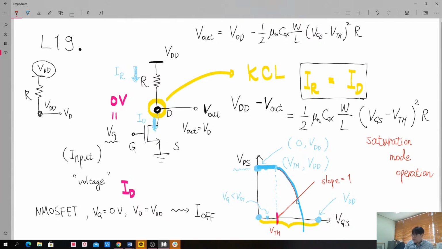You can find this crossing point here. What is the physical meaning of this point? The height corresponds to the drain voltage, and this width corresponds to the gate overdrive voltage. Since the slope is 1, at this point our transistor enters the triode region.